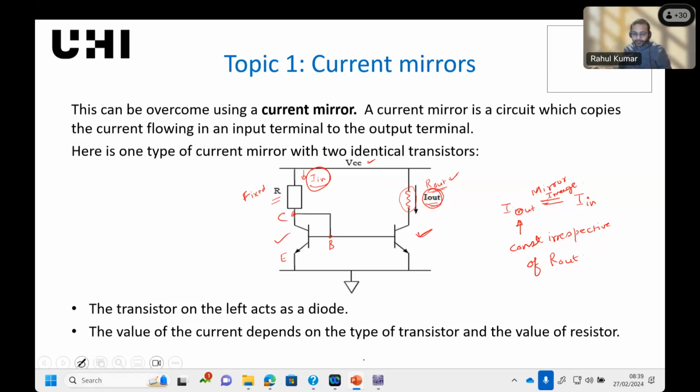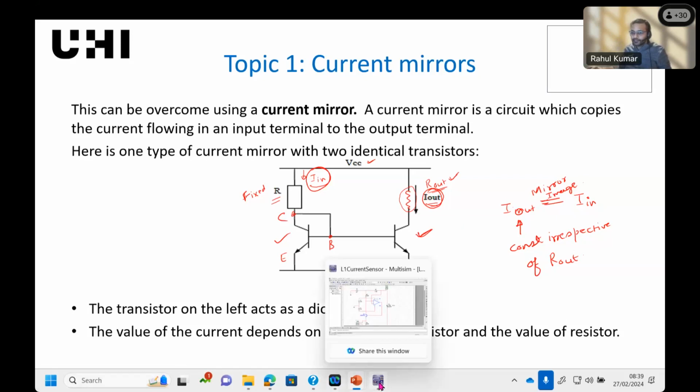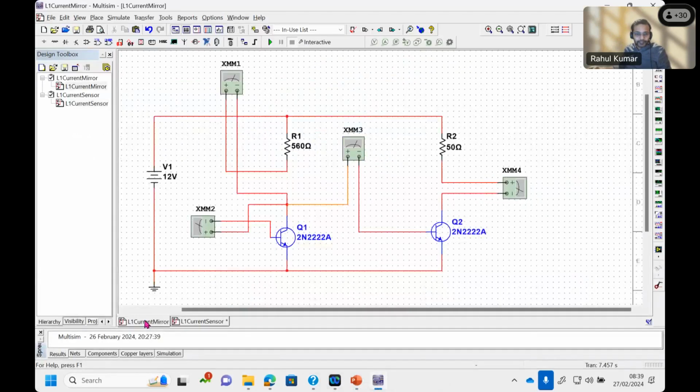Okay, so I have implemented this circuit on Multisim. So this is your current mirror circuit. You've got your two transistors, Q1 and Q2. I'm using 2N222A. This type of transistor is very common, one of the very basic transistors. And this is your supply, V1 of 12 volts.